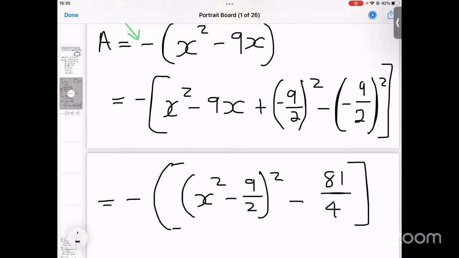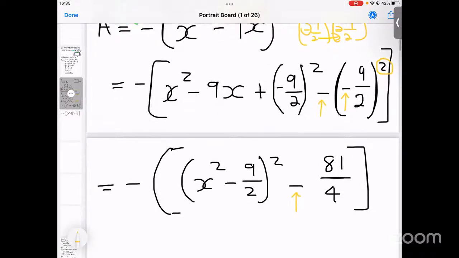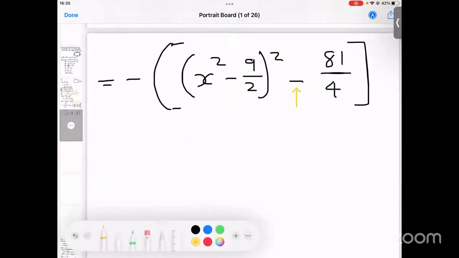So you might be wondering, okay, what's happening to that negative? It is the one that disappeared, because squared means 2 of exactly the same thing. So it's like you are having negative 9 over 2, and again negative 9 over 2. That times that is 81. That times that is 4. That negative times negative becomes positive. So this negative that I've written, it is that one. Just be very, very careful of that.